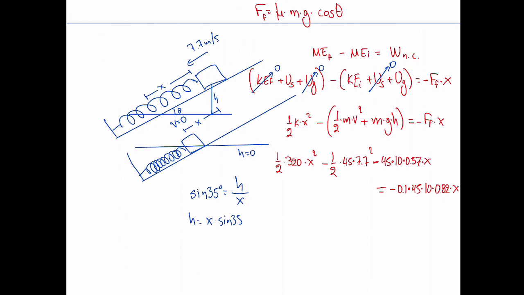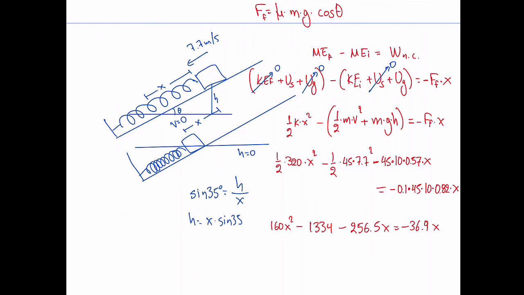times x. So we have an equation that we need to solve for x, so the equation is 160 x squared minus, you will give me 1 minute for the calculations, 0.5 times 45 times 7.7 to the power of 2. This is 1,334 minus 45 times 10 times 0.57, it is 256x, and this is minus 0.1 times 45 times 10 times 0.82, so minus 36.9x.